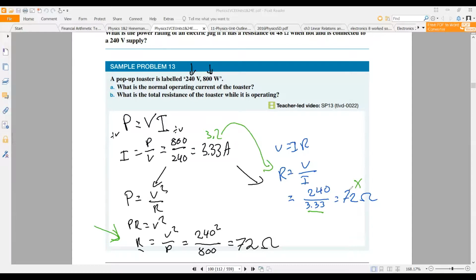If you notice this example down the bottom, we use only the results that we had in the question. We use the 240 and the 800. That's exactly what they gave us in the question. We're not introducing anything new. So even if we had completely stuffed up this first question and got 3.2, we still would have got this question on the bottom right.